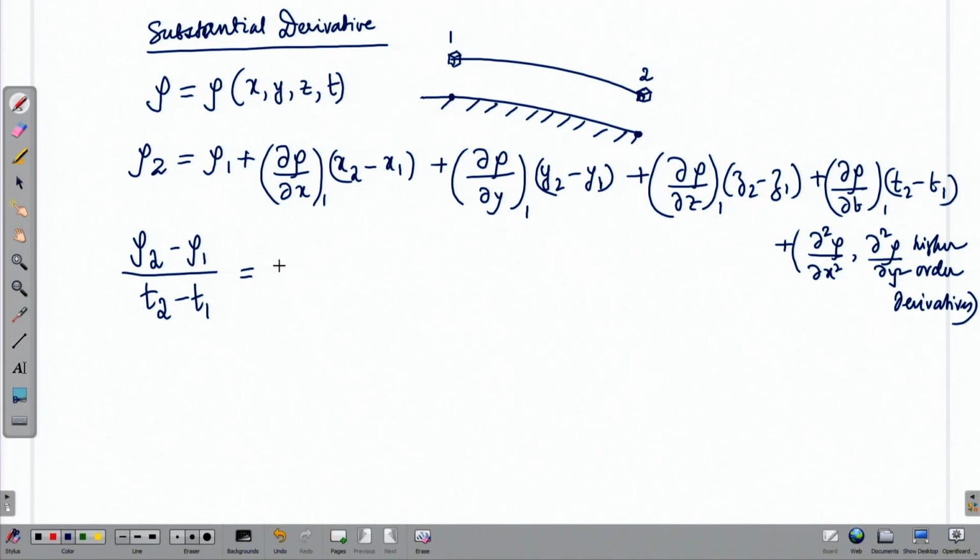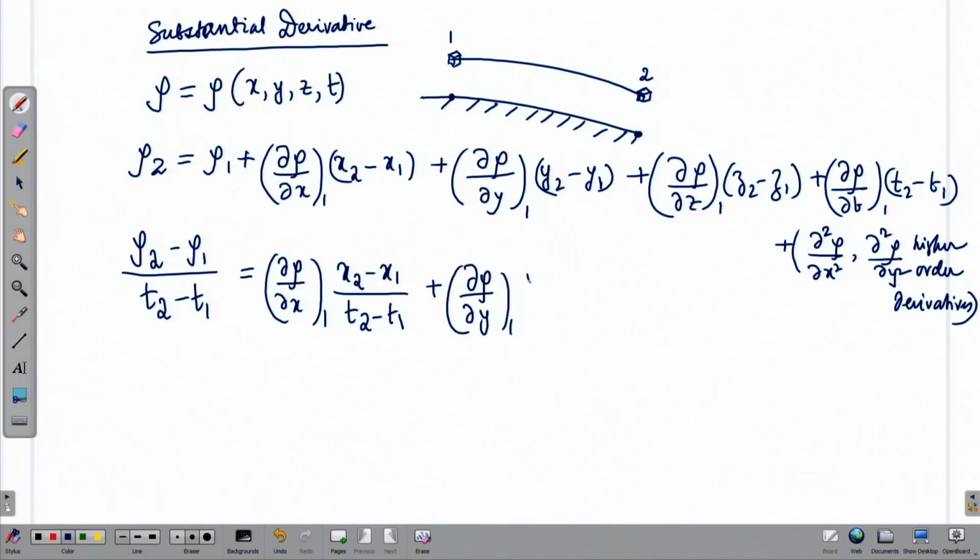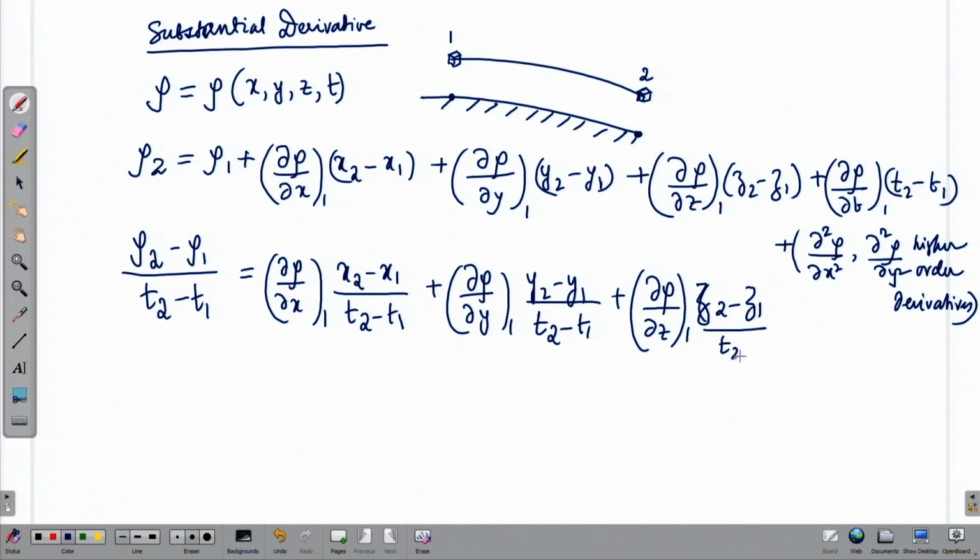You will be left with del rho del x at 1 times x 2 minus x 1 by T 2 minus T 1, and in the last term you will be just left with del rho del t.